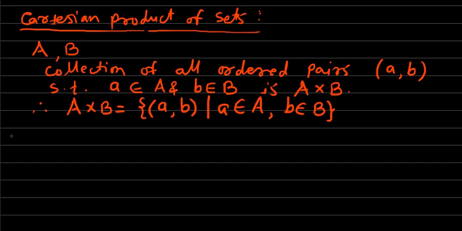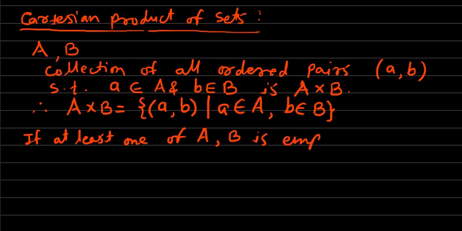From this definition, it is clear that if at least one of A or B is empty, then A cross B is the empty set.